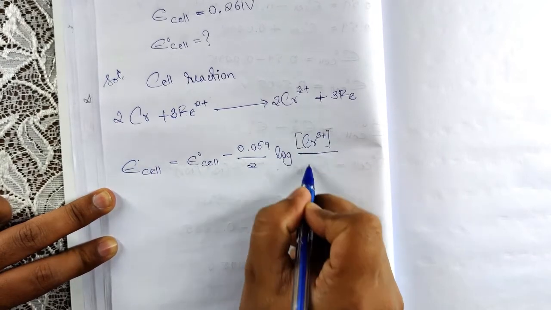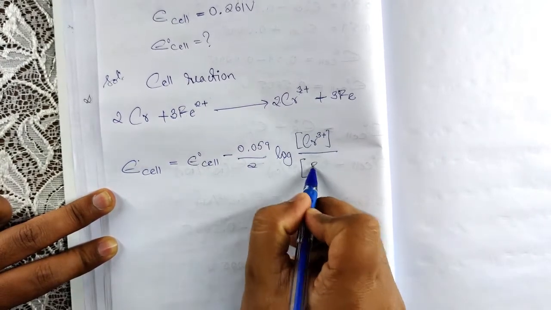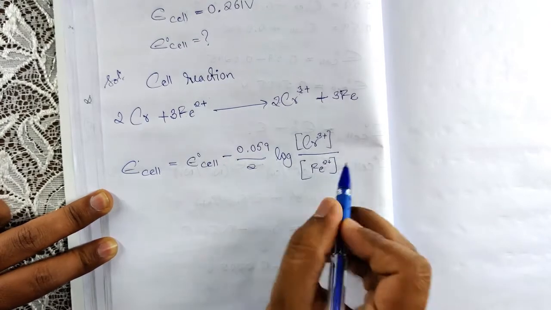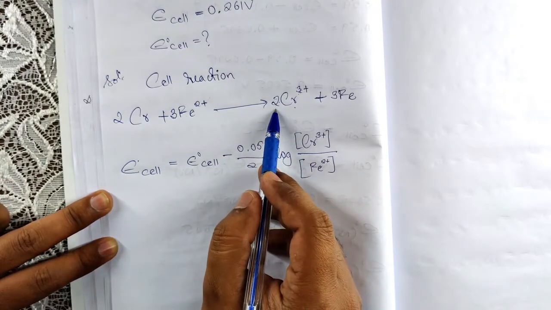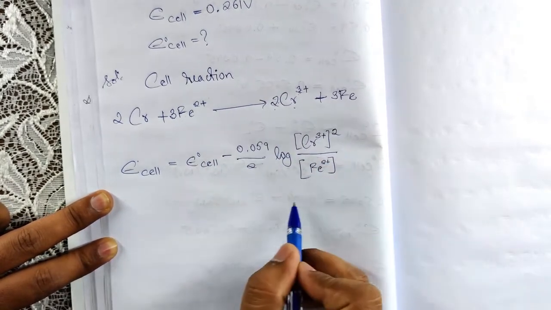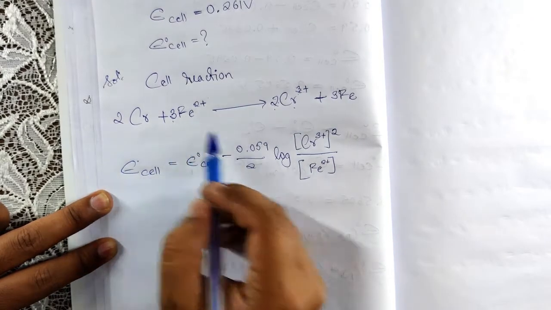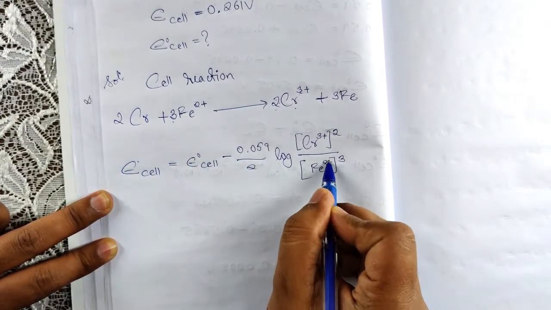This is your product and your reactant is Fe2 plus. So before Cr I'm putting 2 out here, so I'll put here 2 to the power 2, and since out here there is 3, I'll put here 3 as well.